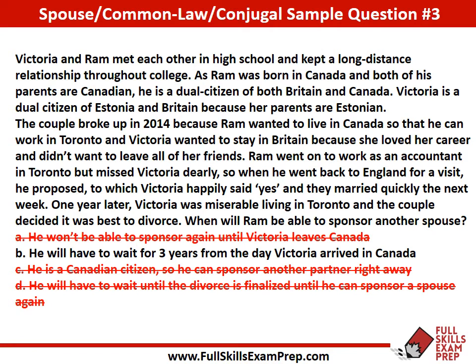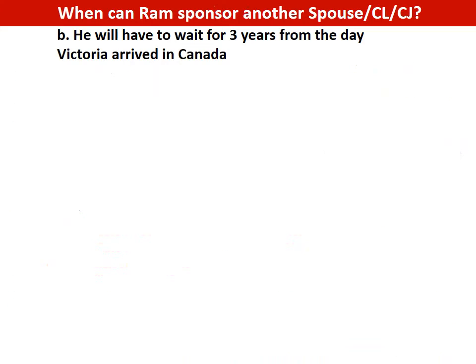Okay, so we know that C is incorrect, and that gave us a lot of little hints towards knowing if B is correct. So let's explore that one as well. So B says he will have to wait for 3 years from the day Victoria arrived in Canada.